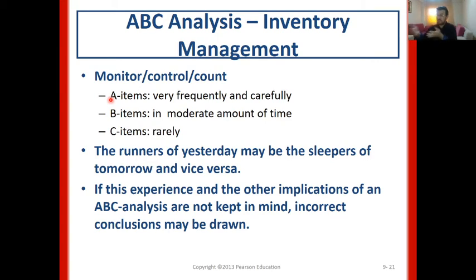So those items might be class A items in the first 6 months, then they might be either class B or class C items in the last 6 months. That's why we should keep in mind that the runners of yesterday may be the sleepers of tomorrow and vice versa. If you have seasonality, we should keep this phrase in mind.